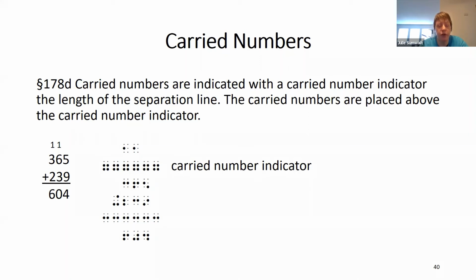The answer, 604. So all the ones places line up, all the tens places line up, all the 100s places line up. Then we have the carried number indicator, which is dots 2, 3, 5, 6, the length of the separation line down below. And then we place our carried numbers just as they are in print, above the tens place and above the hundreds place.